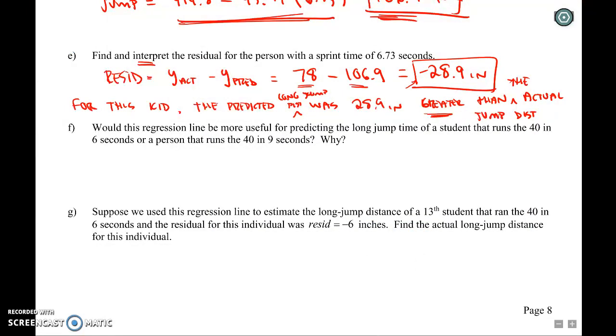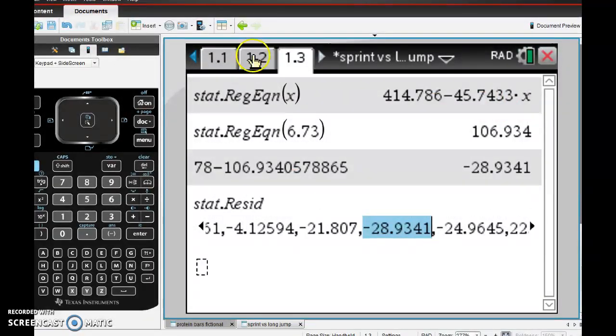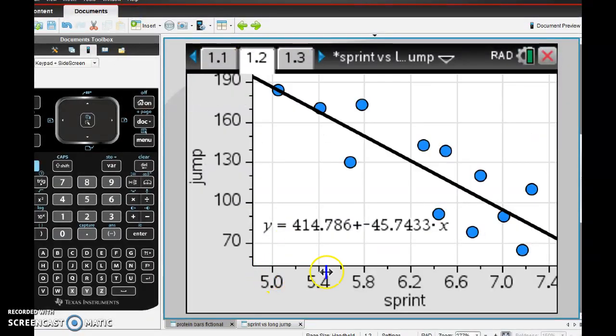Would this regression line be more useful for predicting long jump time of a student that runs the 40 in 6 seconds or one that runs it in 9 seconds? Why? Well, my data values range from about 5 to about 7.5.